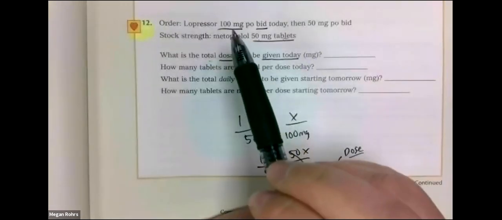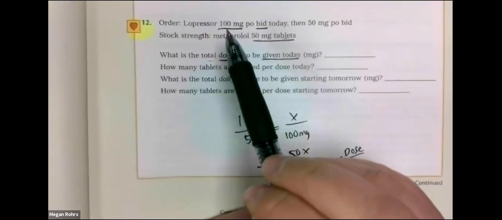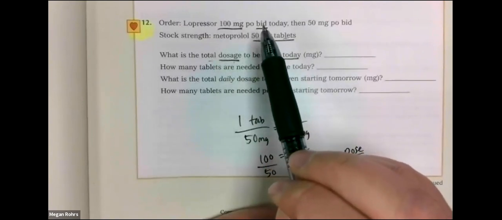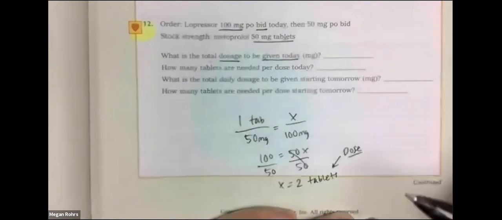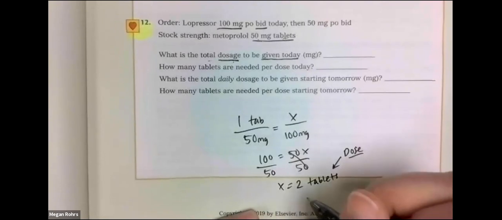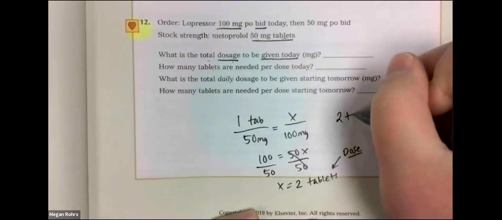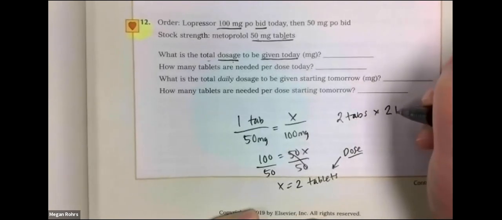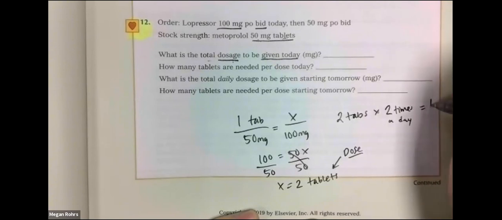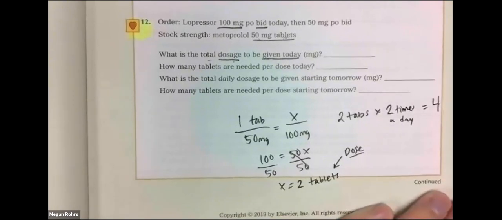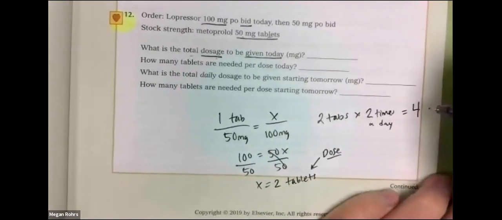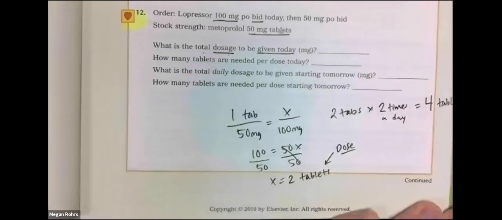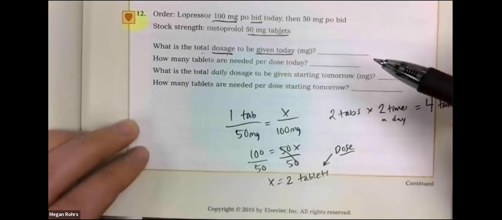Well, if we're giving 2 tablets with each dose, and we're doing that 2 times a day, well, 2 tablets two times a day, that's going to equal 4 tablets that day or today.